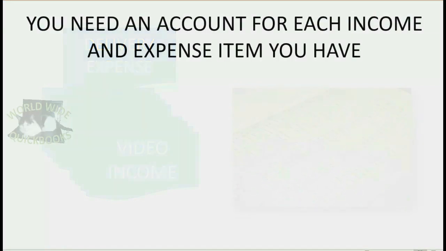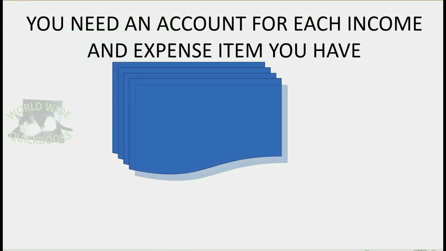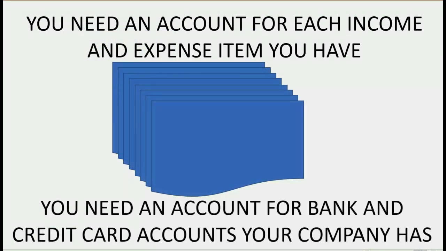Now, of course, you will need an account in the chart of accounts for each separate expense you have, so you can record and find the total of that expense. You would need a separate account in the chart of accounts for each of the different ways that you earn income, so that you could record them on separate pages and track them separately.